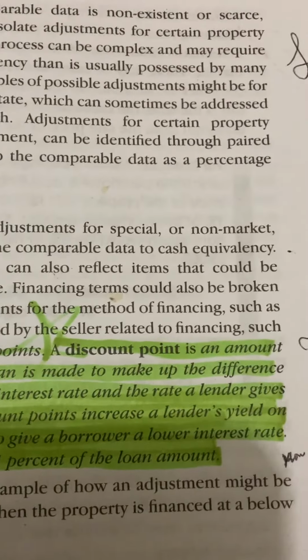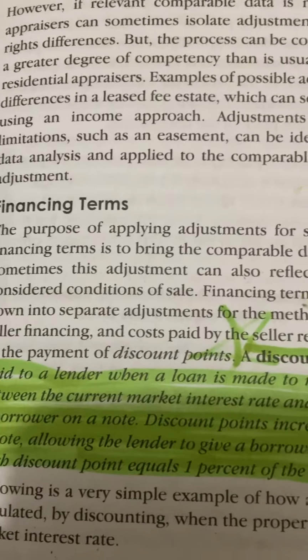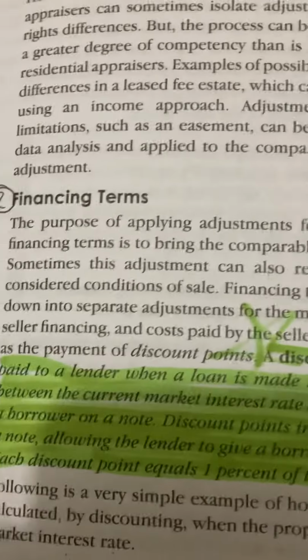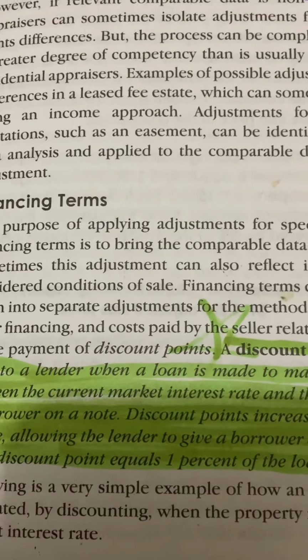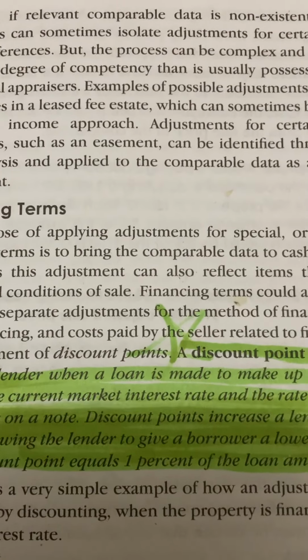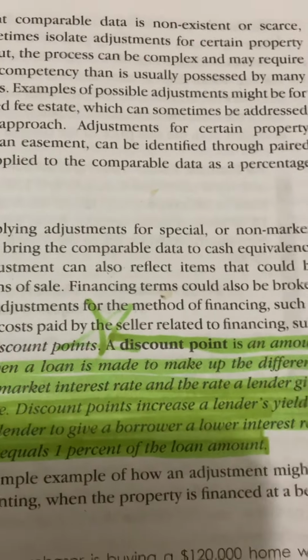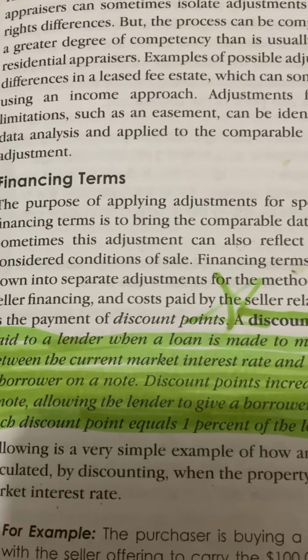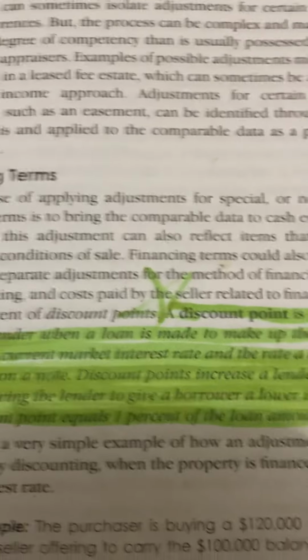Financing terms could also be broken down into separate adjustments for the method of financing, such as seller financing, and costs paid by the seller related to financing, such as the payment of discount points.